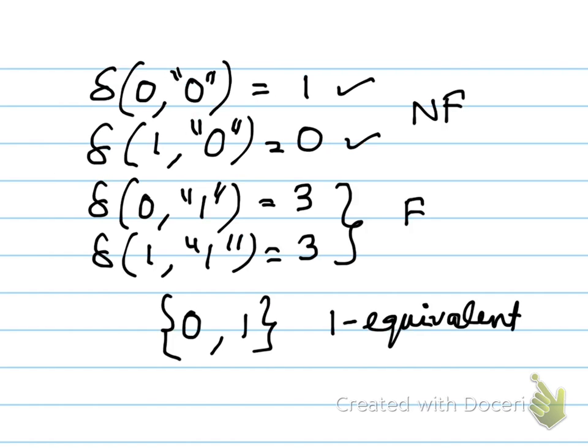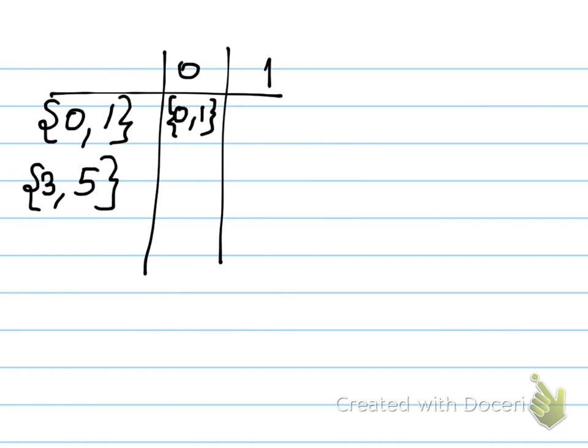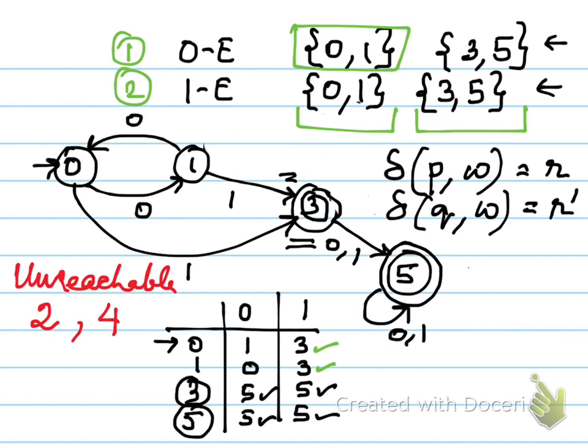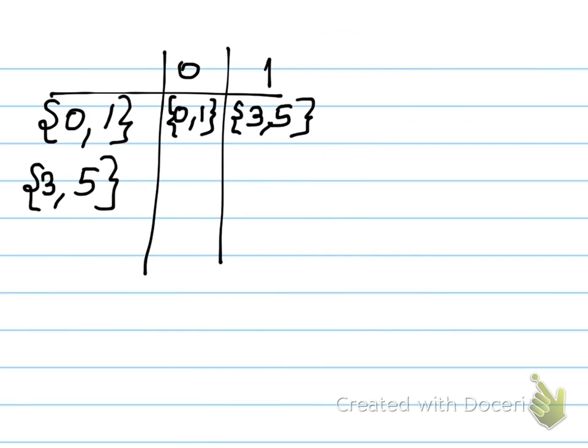And 0 and 1 on 1 will both go to 3, so 3 is not there alone, it will go to 3 and 5. Similarly, 3 and 5: 3 on 0 goes to 5, 3 on 1 also goes to 5, and 5 on 0 goes to itself, and on 1 also it goes to itself. So it goes to 3 and 5.